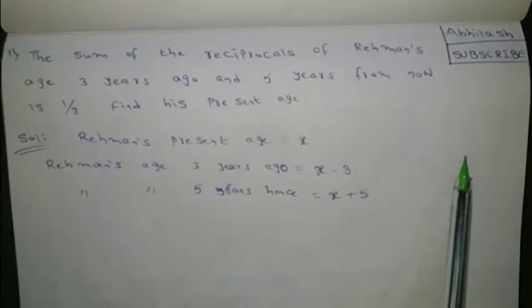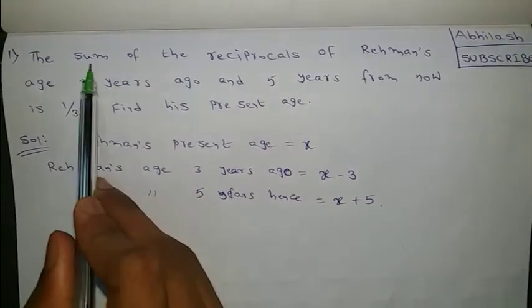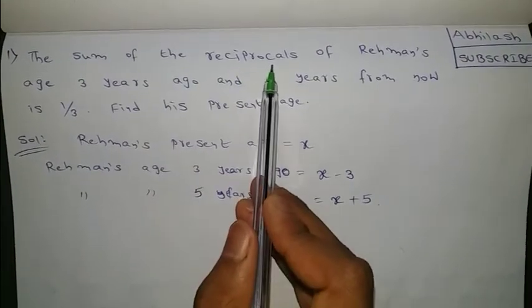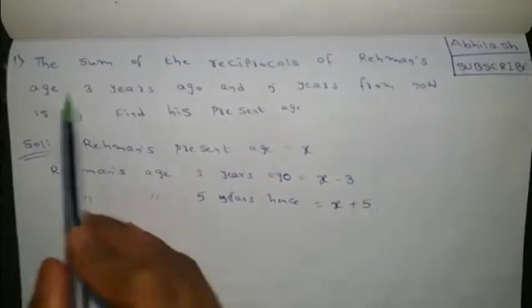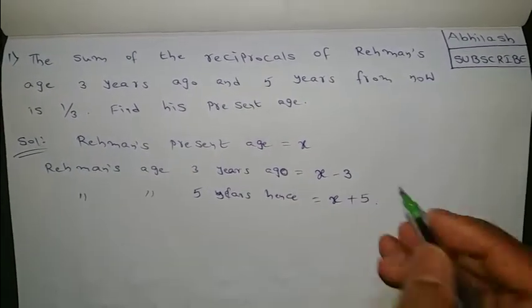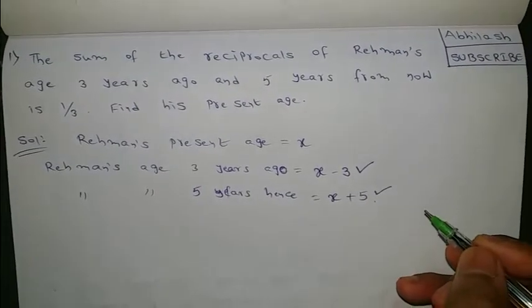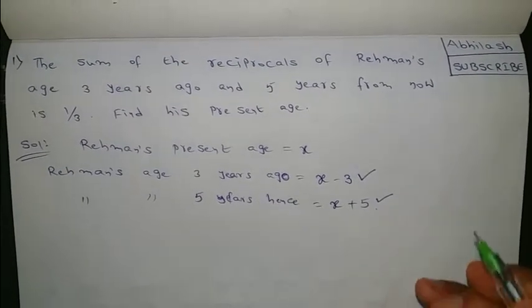Then what did he say now? The sum of the reciprocals of Rahman's age 3 years ago and 5 years from now. So those two reciprocals sum.